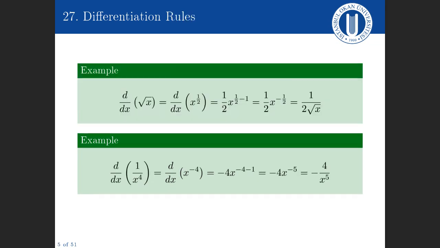Two more examples. We can use this rule to differentiate the square root of x. Why? Because square root of x just means x to the power of a half. So we can use our rule. The derivative of x to the power n is nx to the power n minus 1.